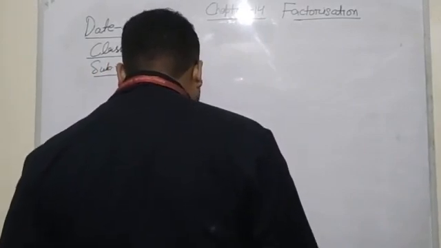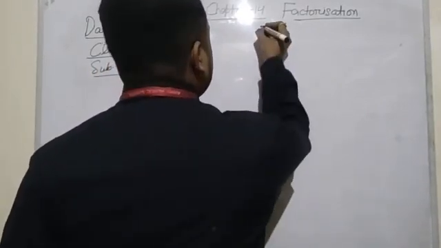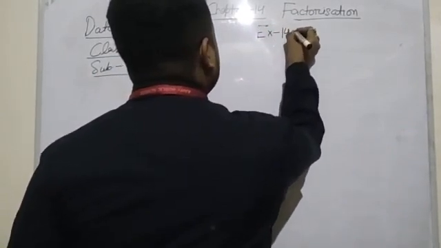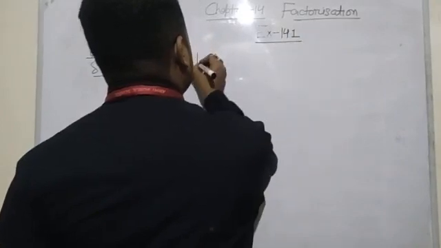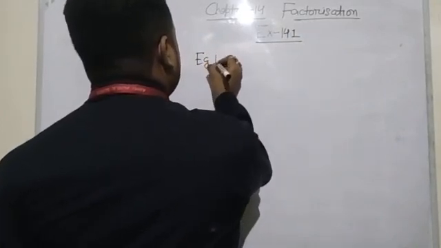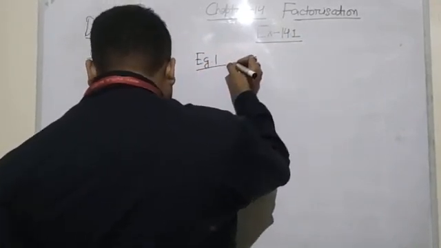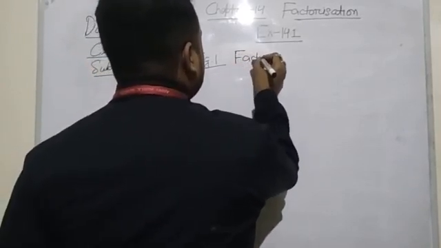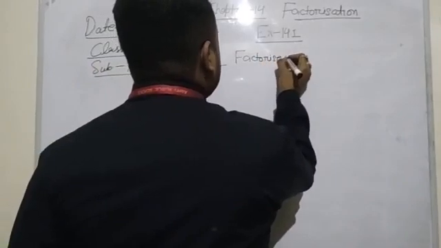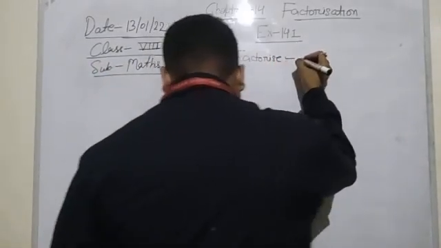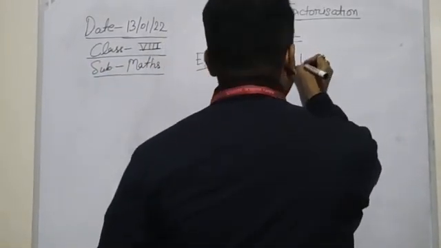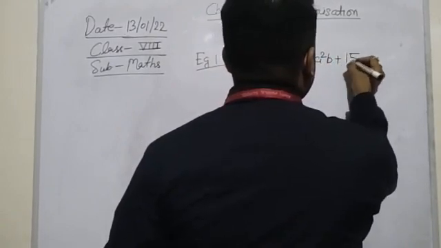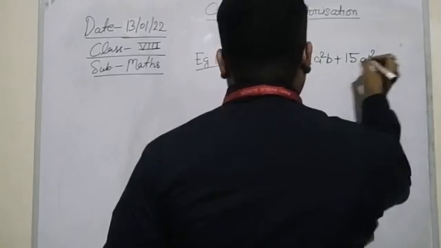Now I am going to start the exercise, that is 14.1. So example first: factorize 12a square b plus 15ab square.